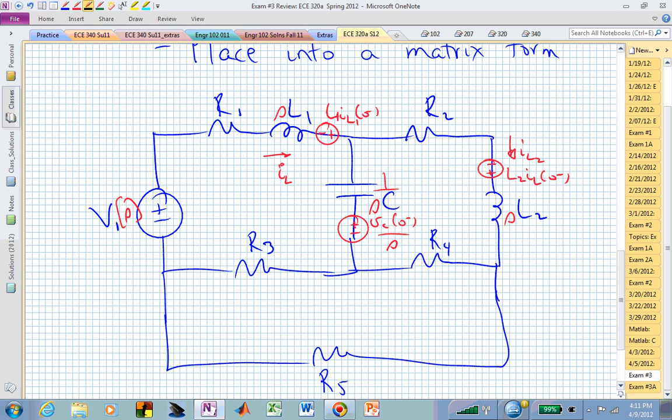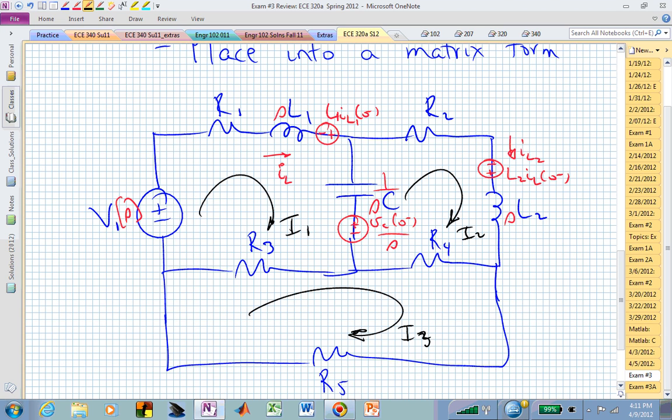And if you now wanted to write this, maybe you call this I1, this is I2, and this is I sub 3. You should now be able to write this in terms of those initial conditions as sources, and those currents, those are your unknown variables, I sub 1, I sub 2, and I sub 3.